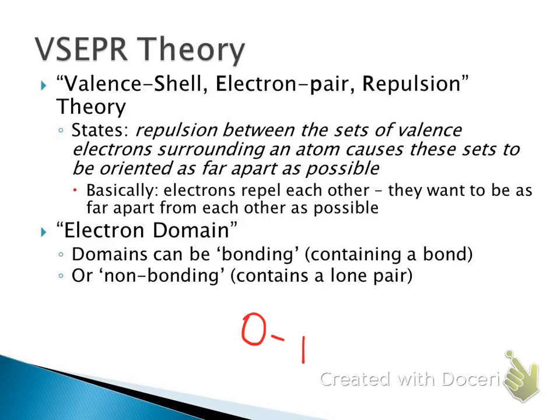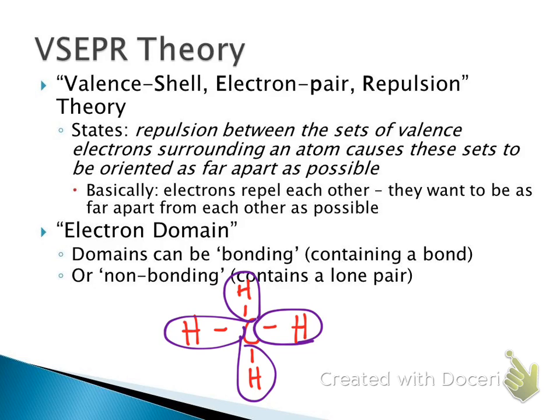So I'm going to go ahead and draw the Lewis structure here of water. Actually, I don't want to do water quite yet. Okay, a CH4 molecule. This molecule has how many domains? We have 4 domains because 4 things are surrounding the central atom.